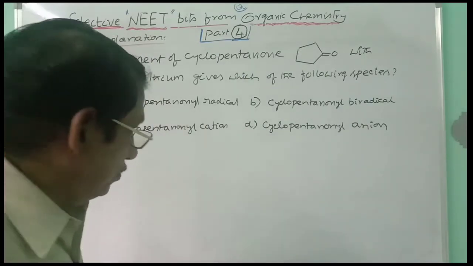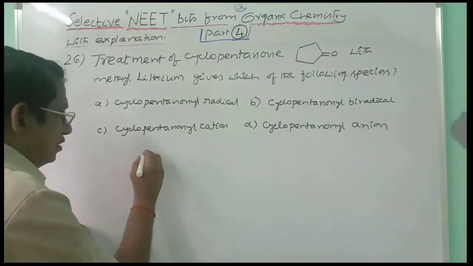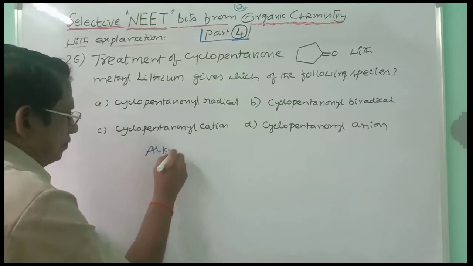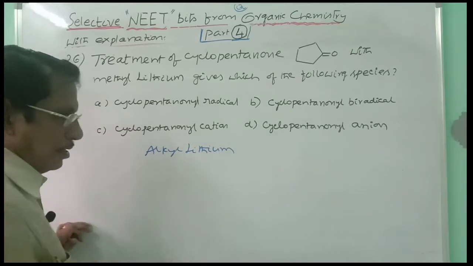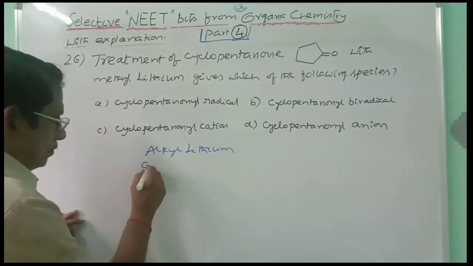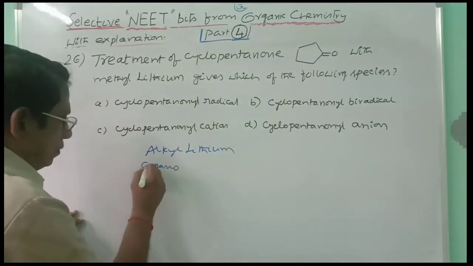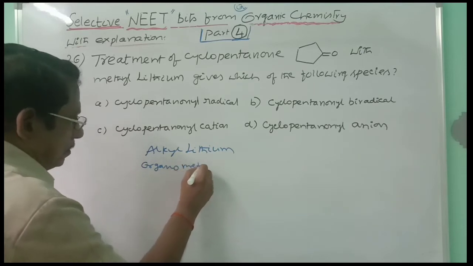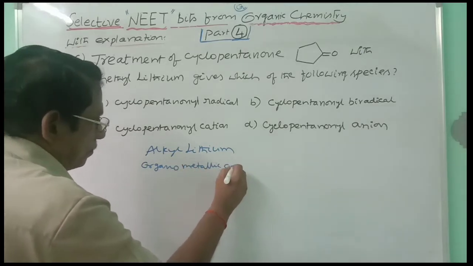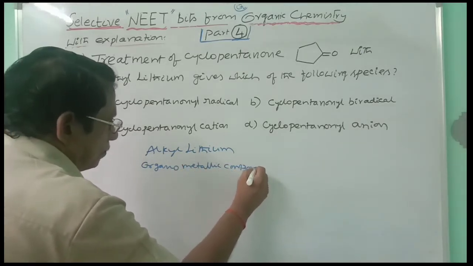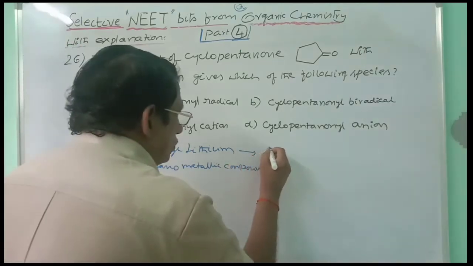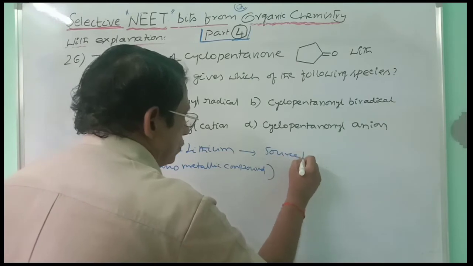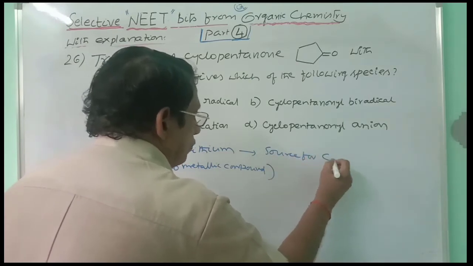And you have to know that alkyl lithium or any organometallic compound is the source for carbanion.